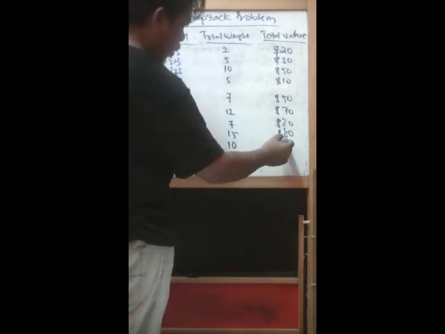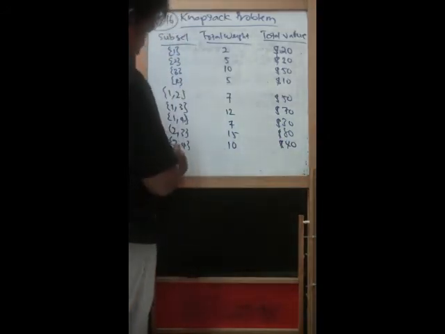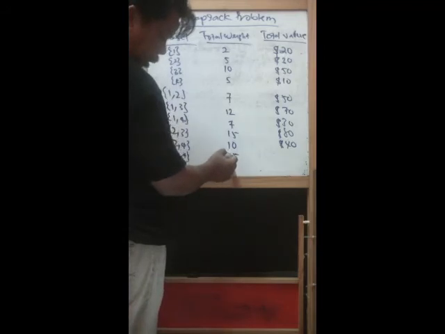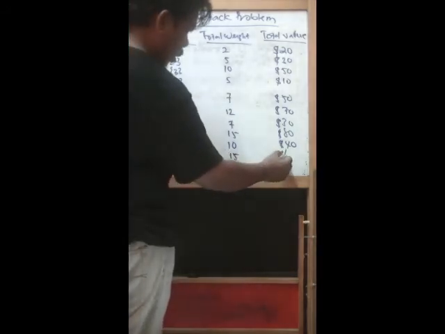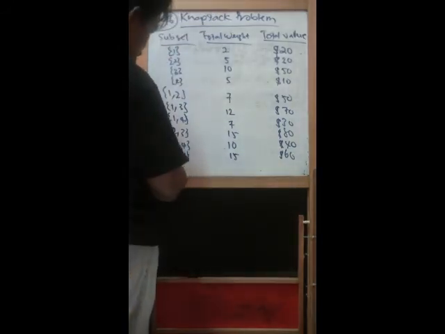Okay, and next is 2, 3, 4 here, where the weight is 15 in total, and the amount is 60 ringgit.